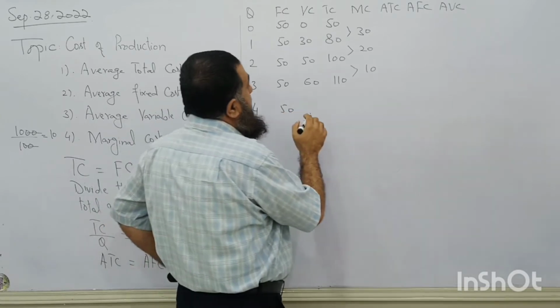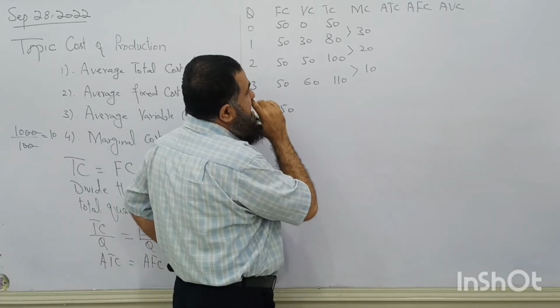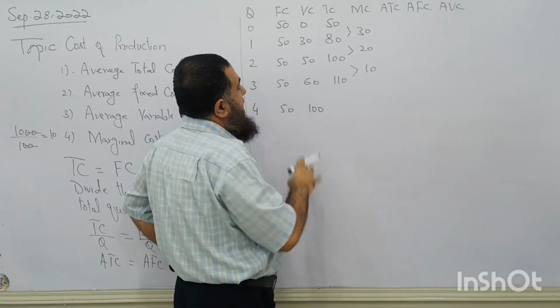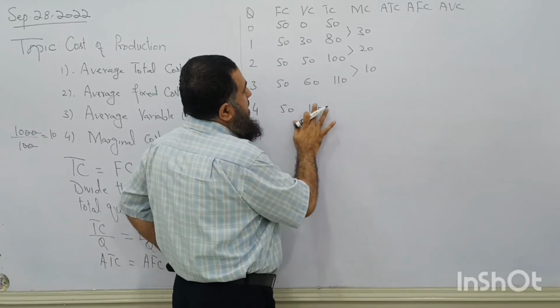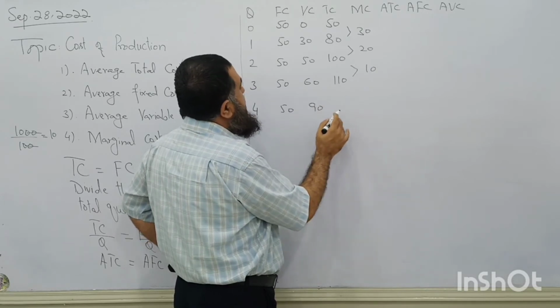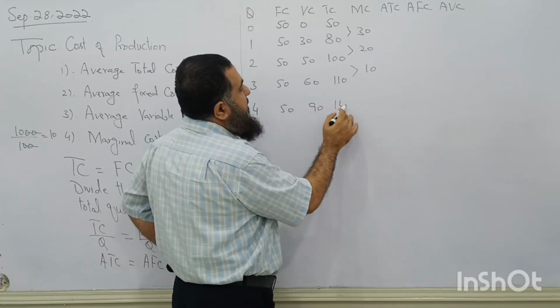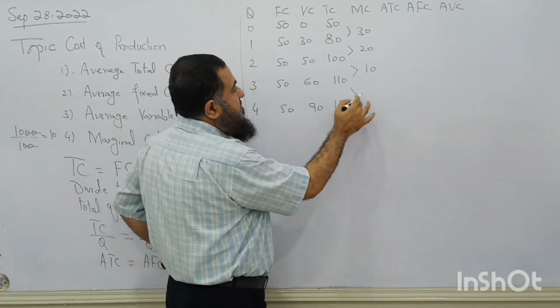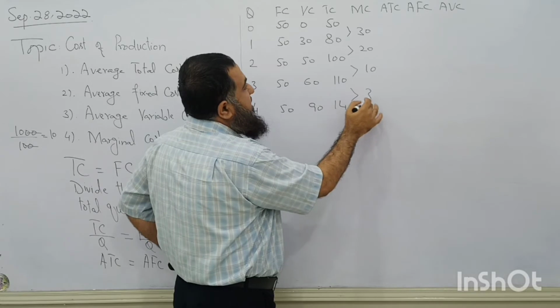Now the total cost goes to, here I took 90 over here. How much is total cost now? 140. Yes. What is the marginal cost now? 30.